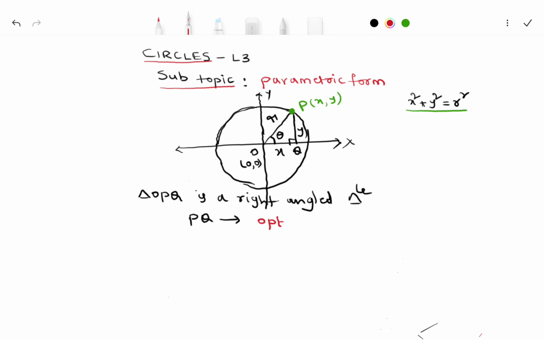PQ is the opposite side. And OQ is the adjacent side. And OP represents the hypotenuse.